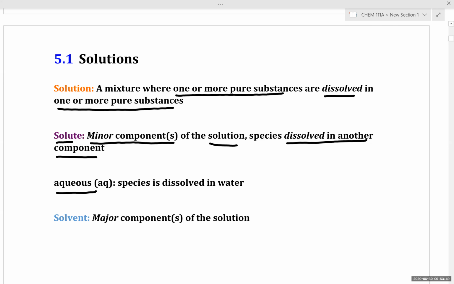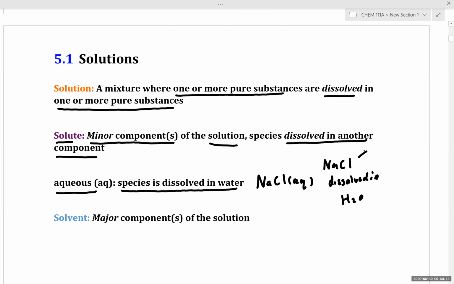So the aqueous symbol is a big signpost that we have a solute at play, because aqueous state symbols indicate that the species is dissolved in water. So for example, NaCl aqueous is sodium chloride dissolved in water. So sodium chloride in this case would be the solute.